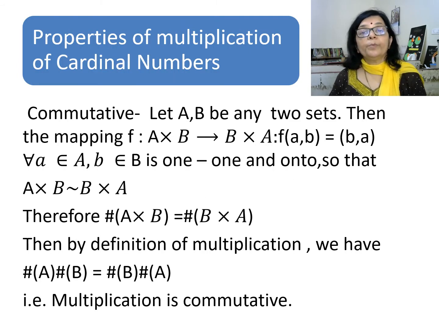There are some properties of multiplication of cardinal numbers. First is commutative.